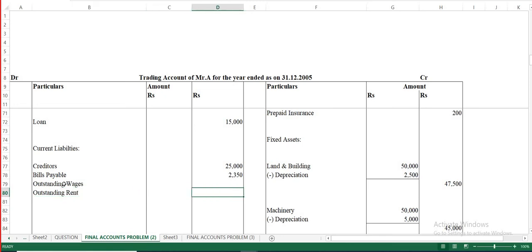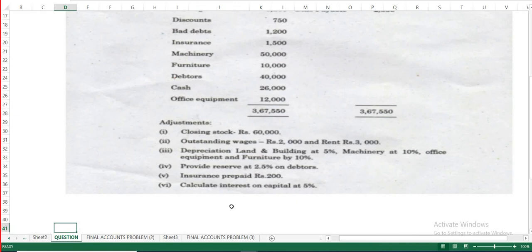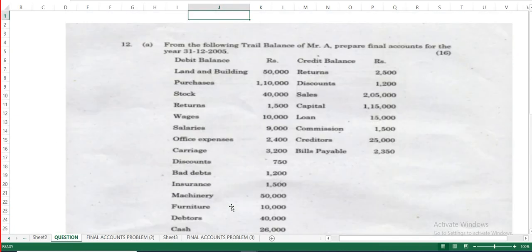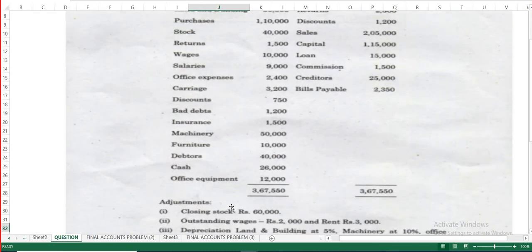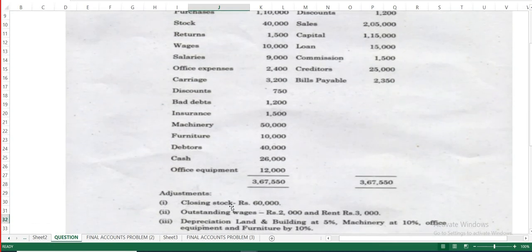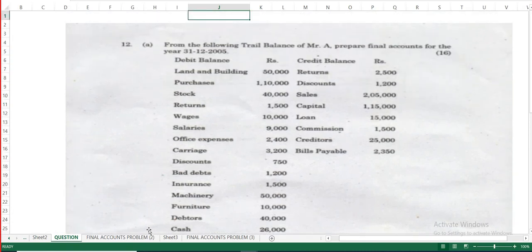The amounts will be 2,000 and 3,000, I think. Then if any other item has been skipped, go through the entire problem before tallying your balance sheet. I think everything has been covered over here.